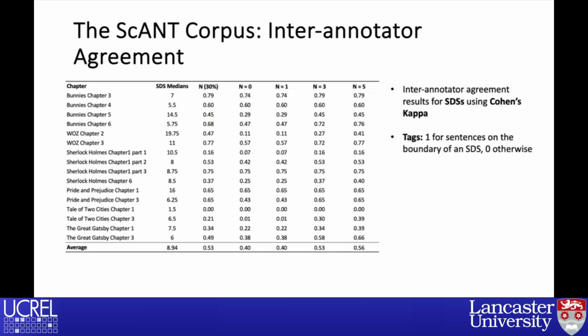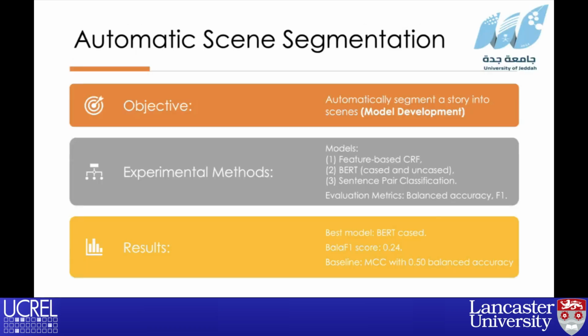After we finished collecting the data set, we started to build the model. We tried to build 3 models, dealing with the problem in 3 different ways. The first one was a feature-based CRF.